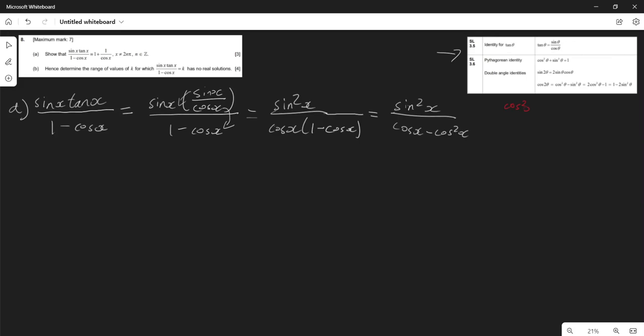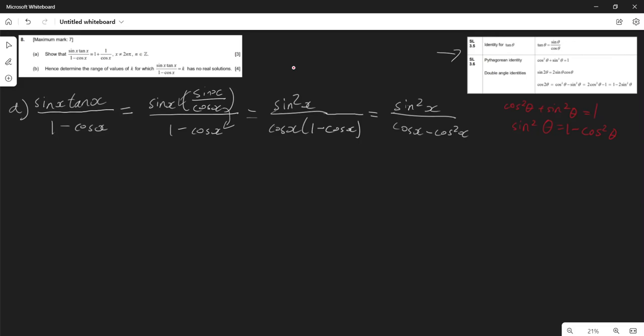Cosine squared, this is theta, not x, theta plus sine squared theta equals 1. But we want it in terms of sine squared, so we can put it in here. So if we just subtract cosine squared theta from both sides, we get the rule we're actually going to use, which is sine squared theta equals 1 minus cosine squared theta.